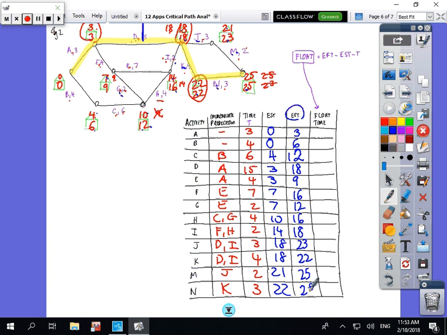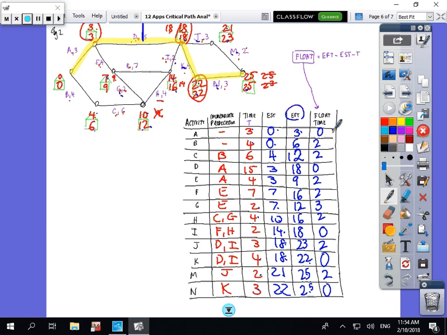And now we just go 3 minus 0 minus 3 is 0, 6 minus 0 minus 4 is 2, 12 minus 4 minus 6 is 2, 18 minus 3 minus 15 is 0, 9 minus 3 minus 4 is 2, 16 minus 7 minus 7 is 2, 12 minus 7 minus 2 is 3, 16 minus 10 minus 4 is 2, 18 minus 4 is 6. 25 minus 2 minus 3 is 0.